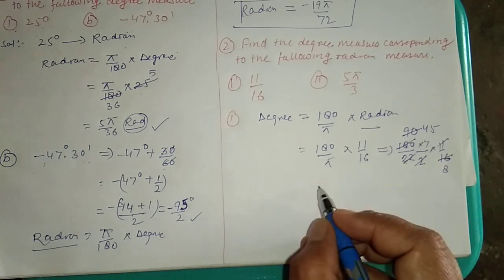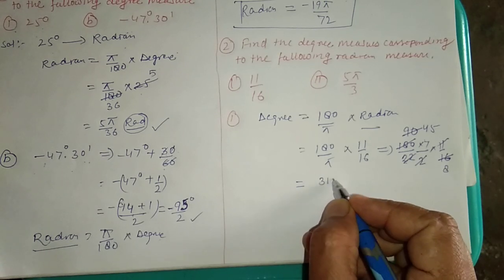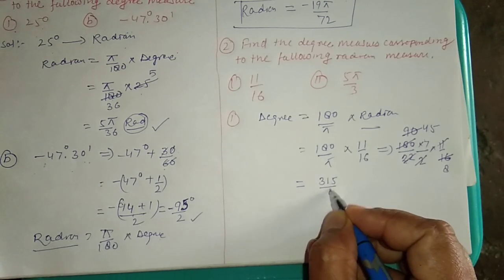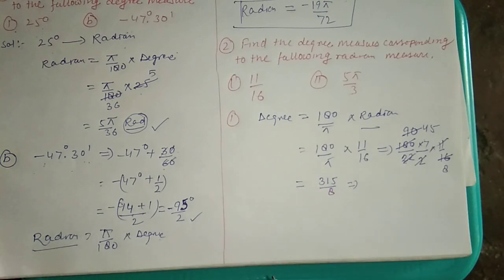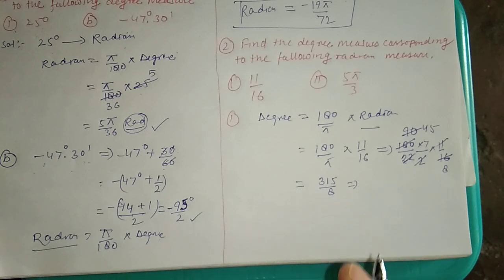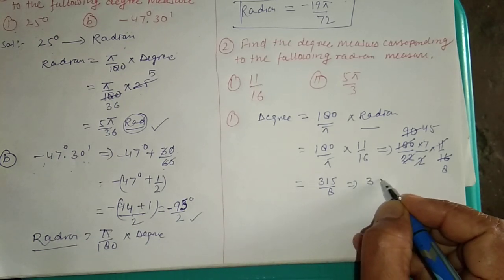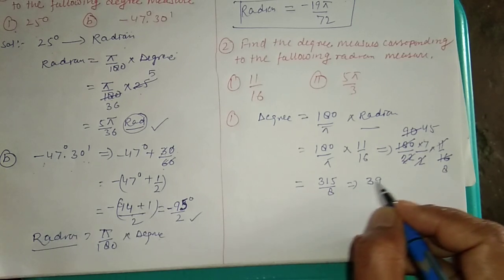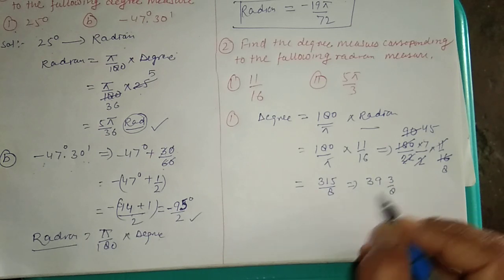Further it can be written as 315 upon 8. Okay, when we divide 315 by 8, we get 39 and 3 upon 8. 39 whole 3 upon 8.